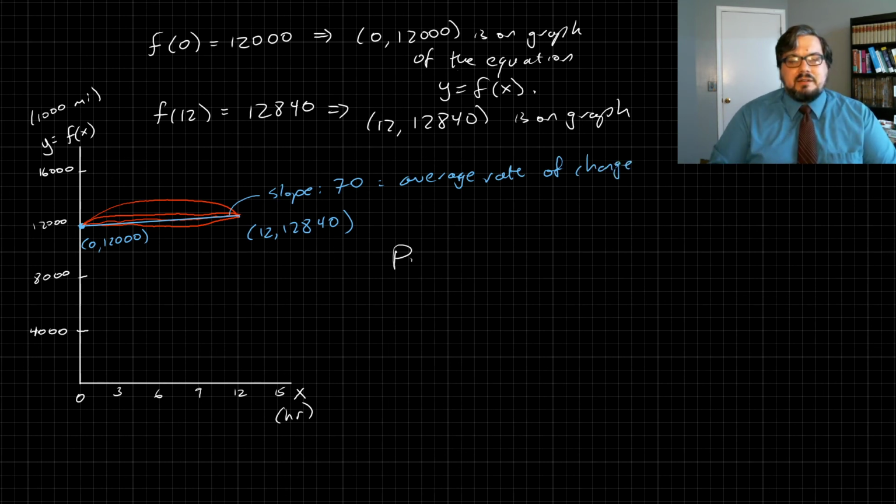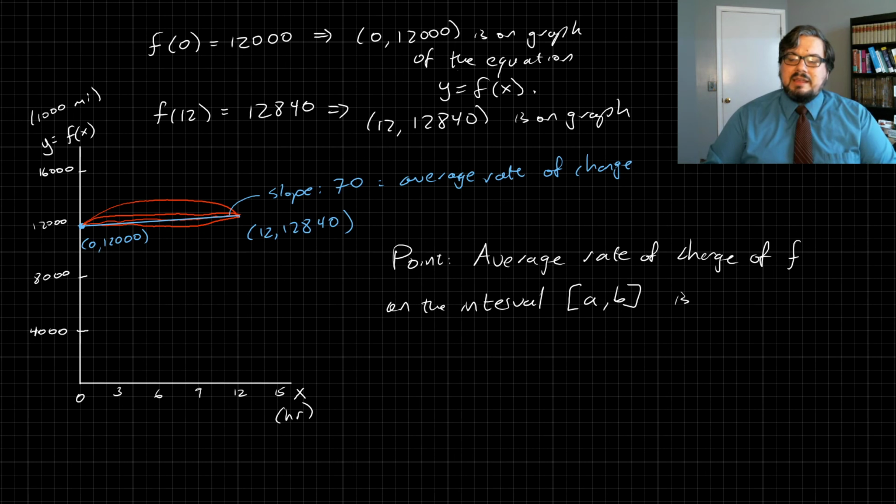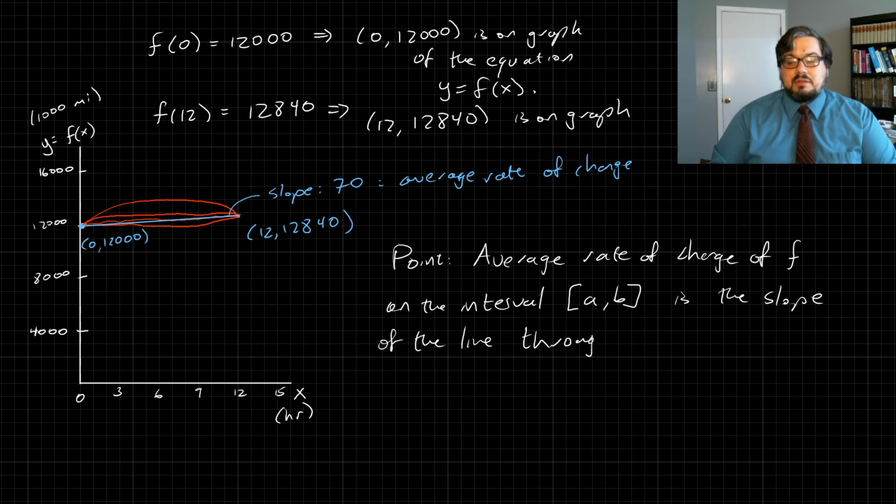And so the point here is that the average rate of change of the function f on the interval from a to b is the slope of the line through the points (a, f of a) and (b, f of b).